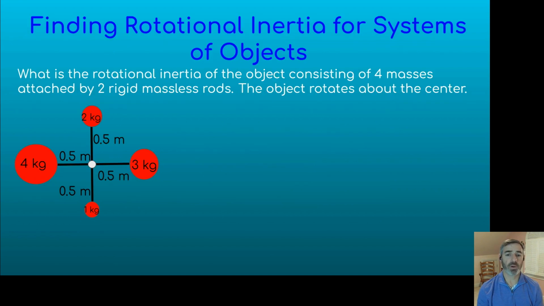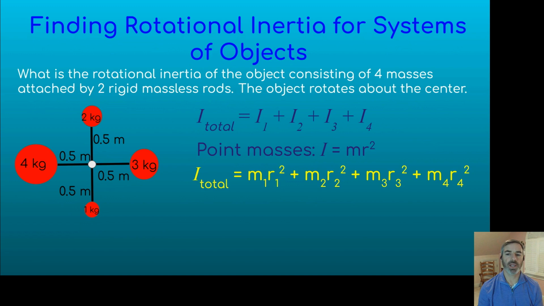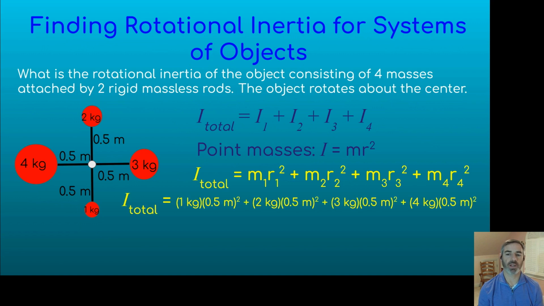To find rotational inertia, we just add the values together. The total rotational inertia equals I1, the 1 kilogram mass, through I4, the 4 kilogram mass. Treating them as point masses, I = mr². We substitute in: I total is m1r1² all the way through m4r4², the 1s through 4s representing the masses.